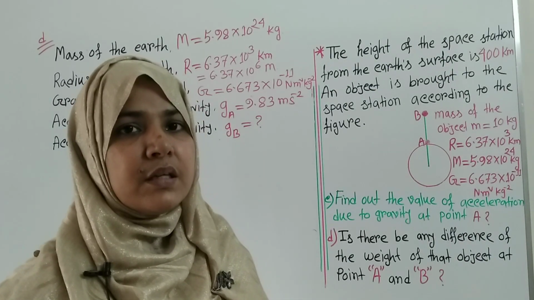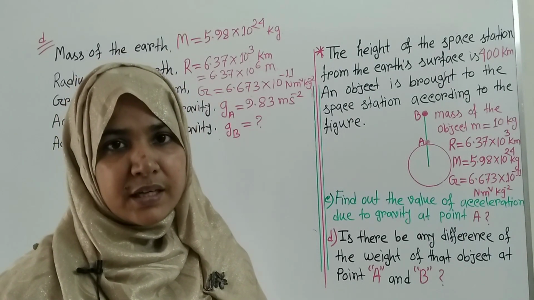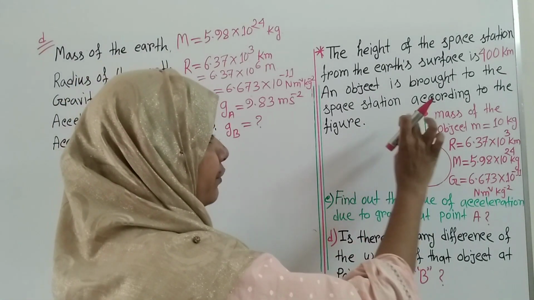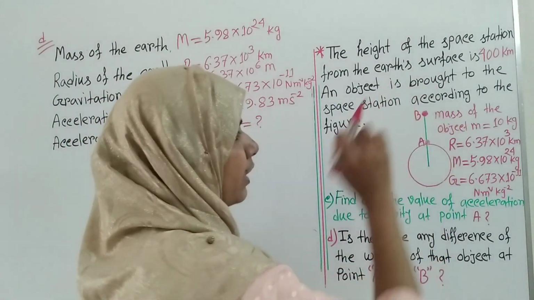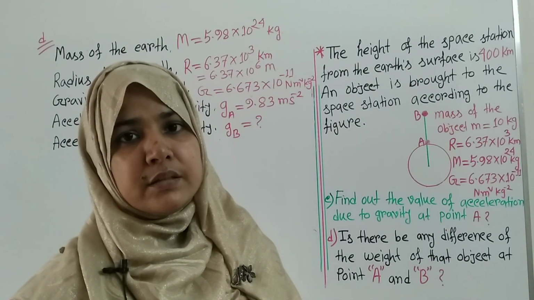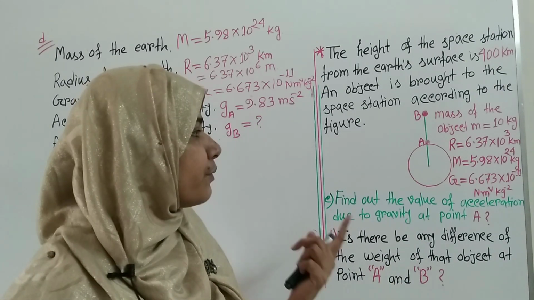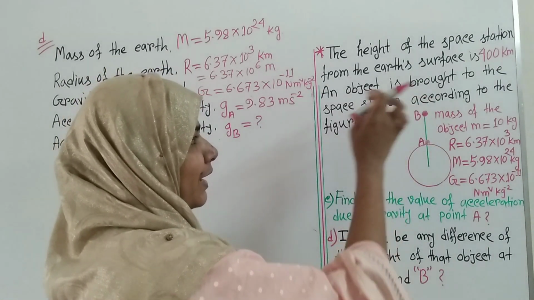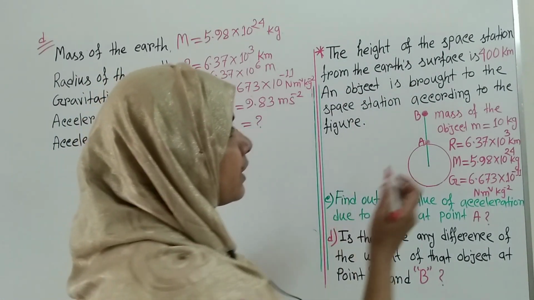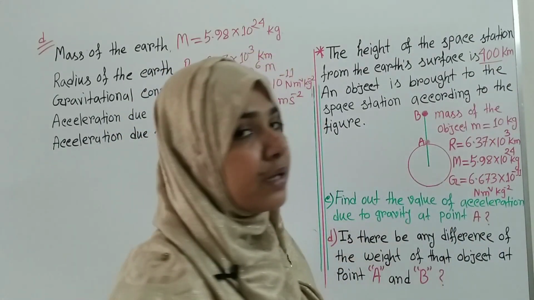To calculate the acceleration due to gravity at point B, we have to know the value of height, that is the distance of the space station from the Earth's surface, and the value is given here: 400 kilometer.